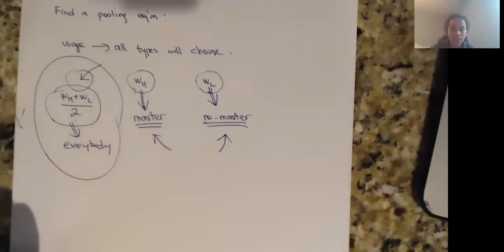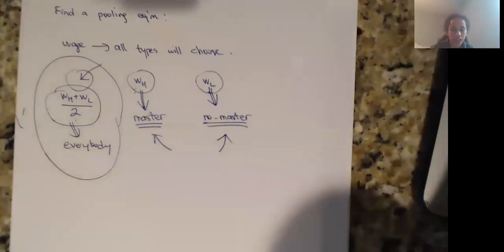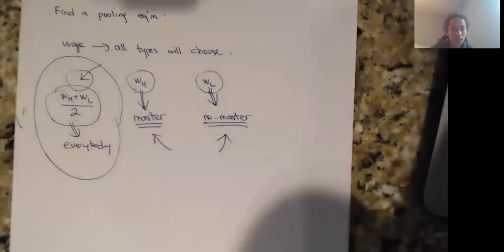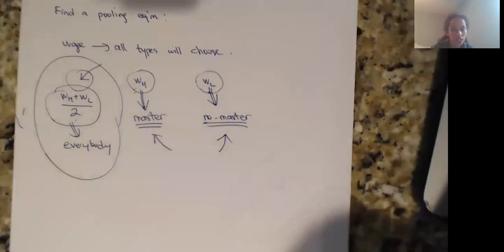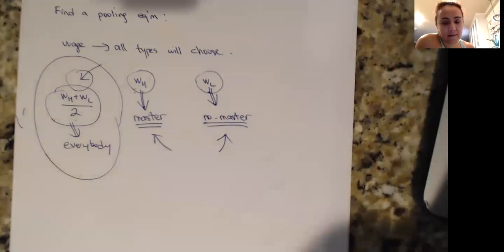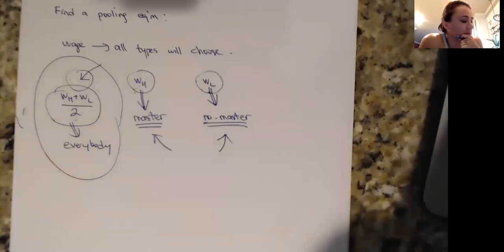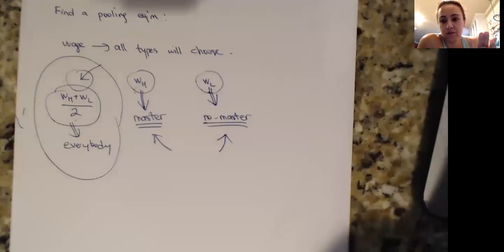I guess my question is, I know we were given the values of $60 and $40. Are those not the wages? Like we can't plug those into the WH and WL to find the pooling equilibrium? No, you cannot. 60 and 40 are the productivity of the worker. So the worker is creating a product worth $60. Okay.